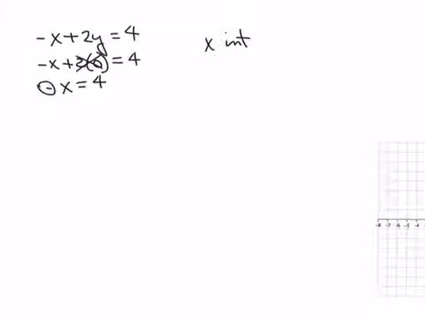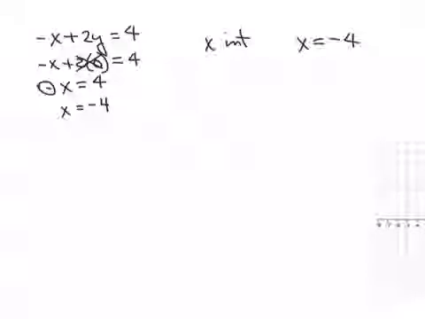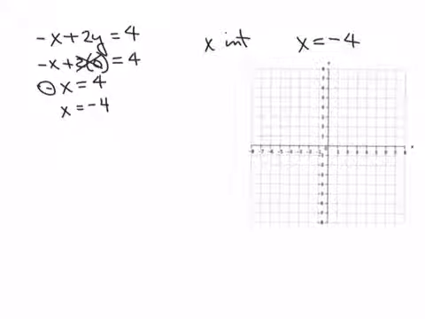And if we don't like that negative there, we take it off and move it to the other side. So there's my x-intercept, negative 4. So that means on our graph, we go to x equals negative 4 and draw a dot there.